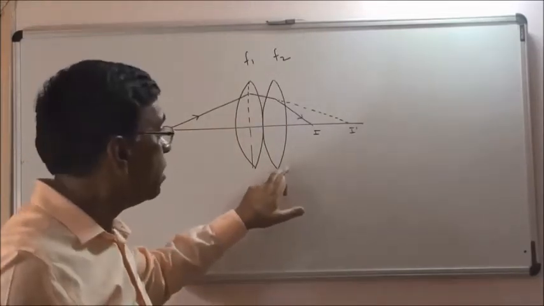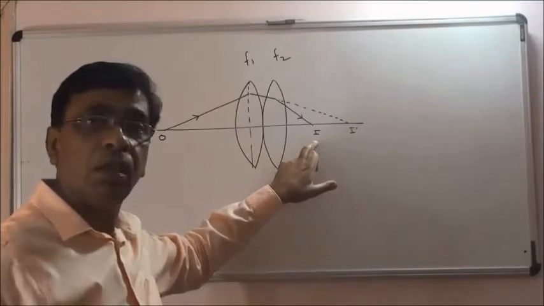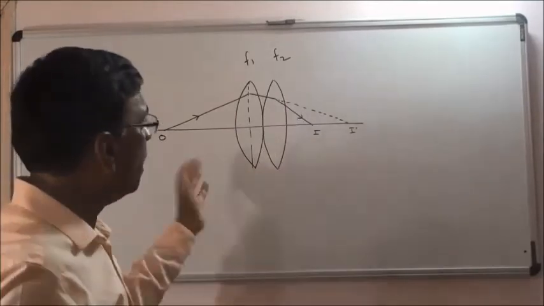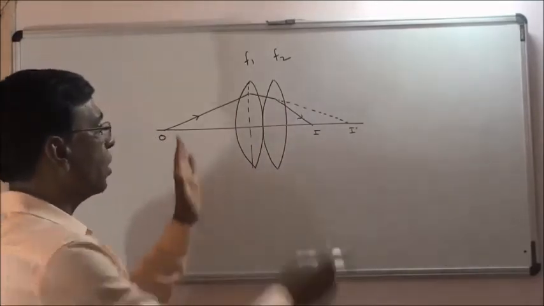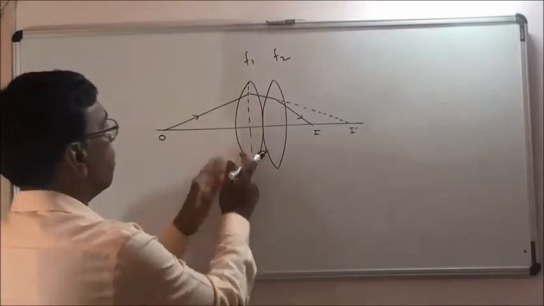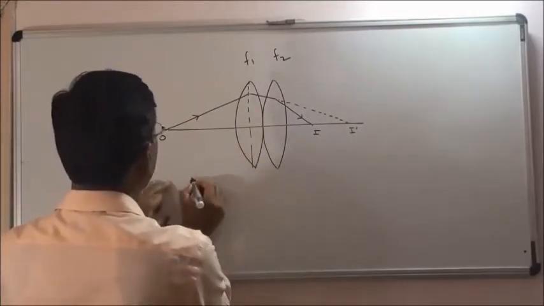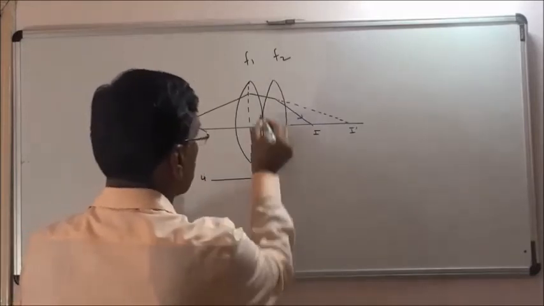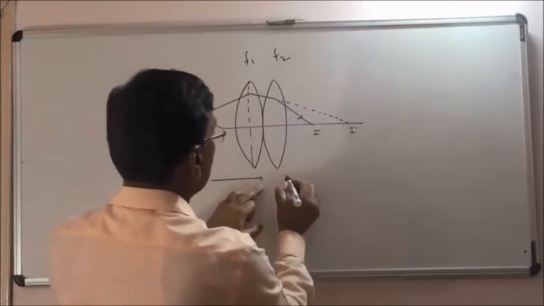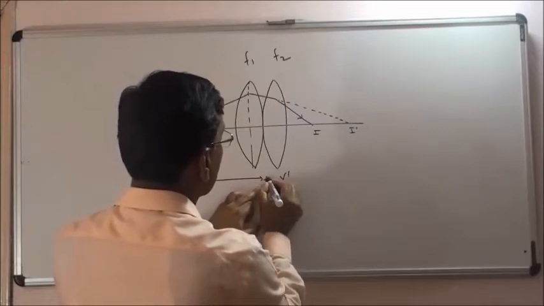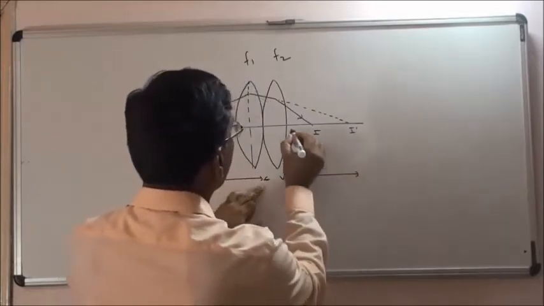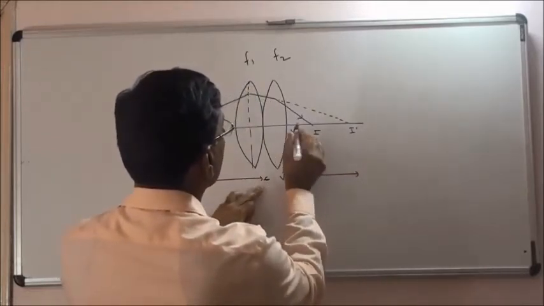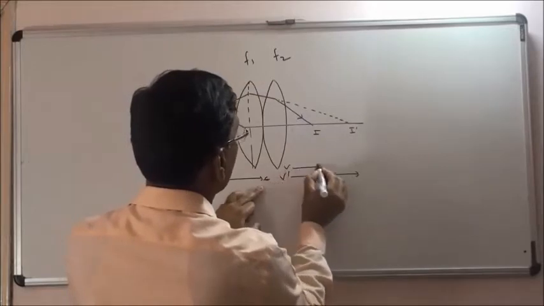For the second lens, this is the object and this is the image. Then we will find out the focal length of this combination. So for the first lens, let this distance be u. I will take it from the center of the combination. This distance is v dash and this distance is v.